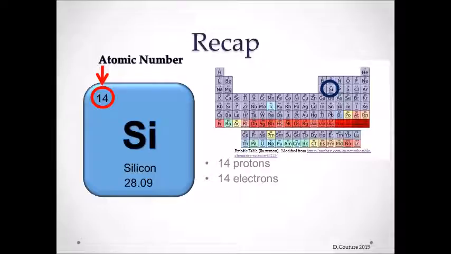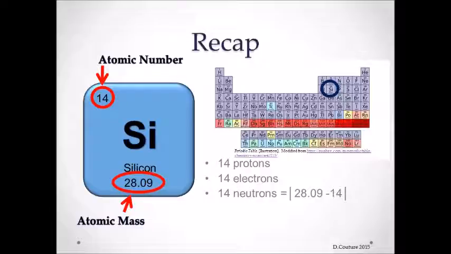If I'm looking for the number of neutrons, I'm going to take the atomic mass minus the atomic number, so that's 28.09 minus 14, round that answer up to the nearest unit, and that'll give me my number of neutrons, in this case 14.